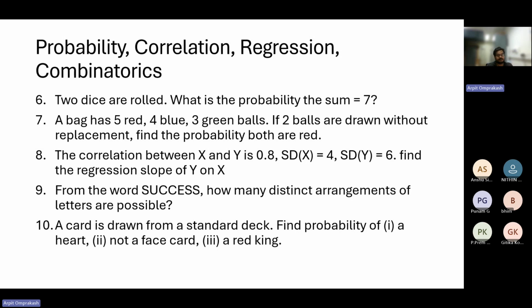If you go back to the classes, you will see that we have a formula of the regression slope that relates to the standard deviation and correlation between these two variables. You can just use that formula directly to get the regression slope of Y on X.